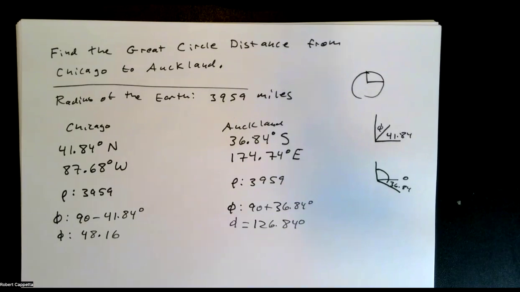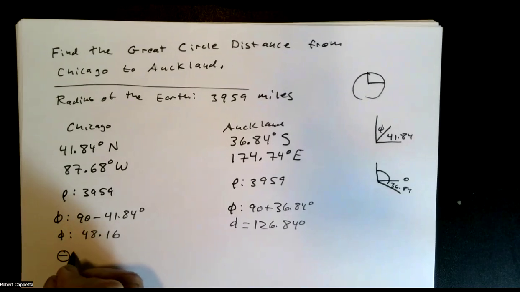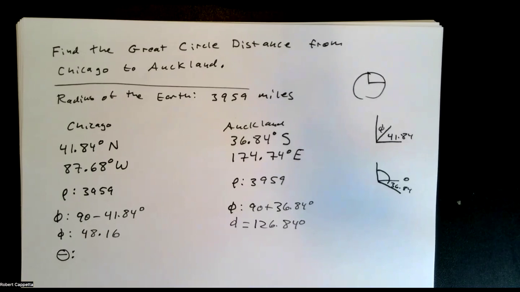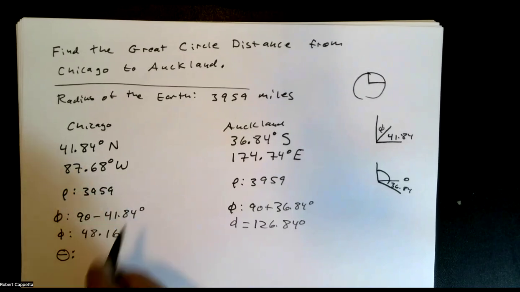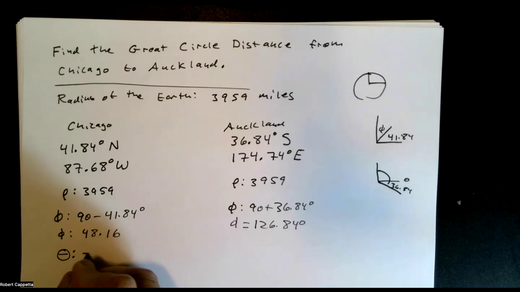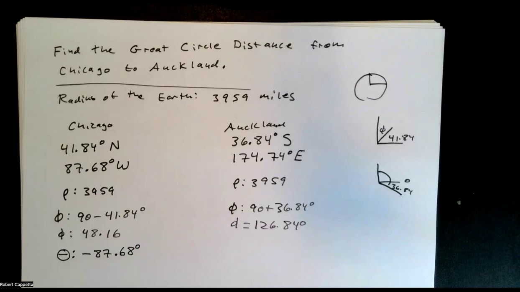Well, next up, how do we make sense of theta? Theta is equivalent to longitude. We consider west as negative, and we can consider east as positive. If that's the case, 87.68 degrees west can be thought of as negative 87.68 degrees in the case of Chicago.